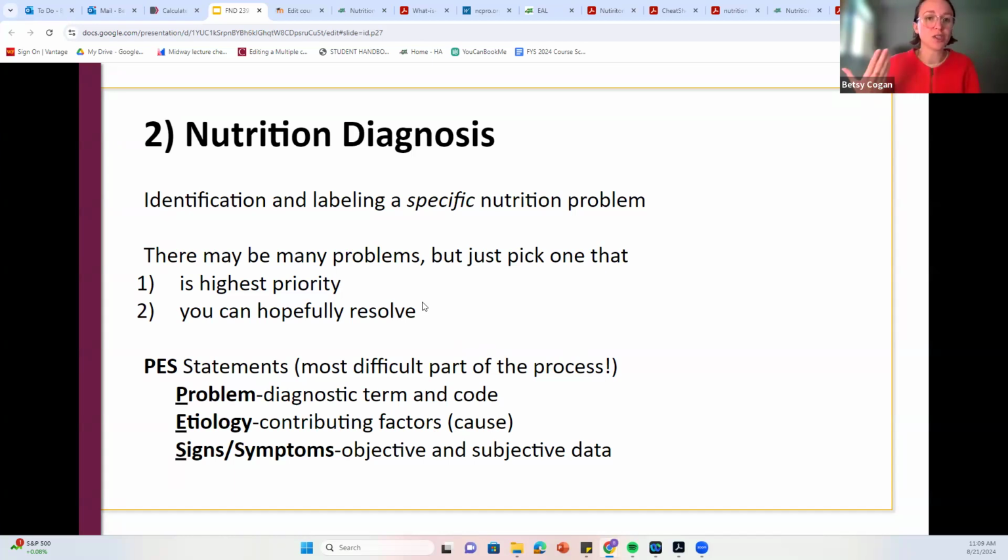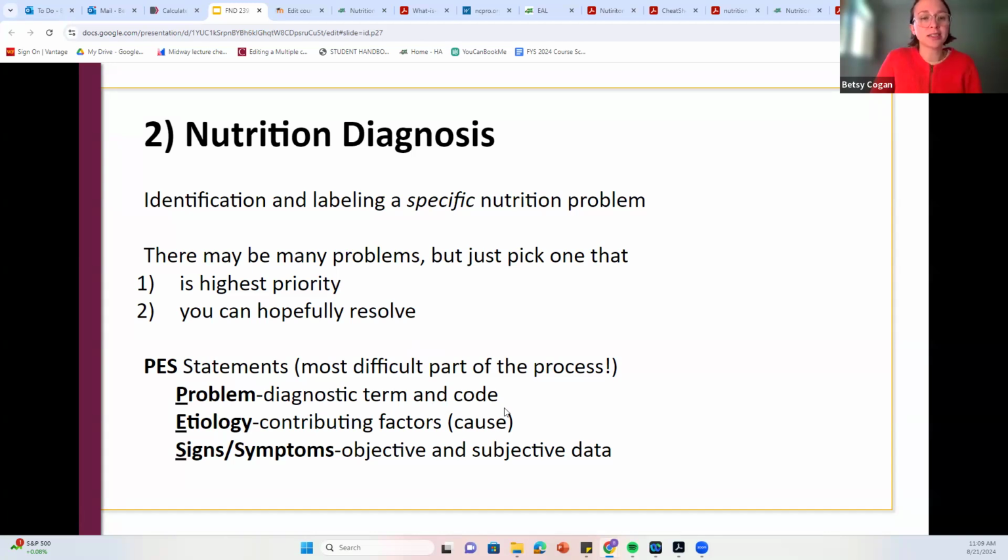And we want to make sure it's a nutrition problem that's nutrition related, that we as dietitians have influence over, right? So when we are doing a nutrition diagnosis, we use what's called a PES statement, where we are identifying a problem using specific diagnostic criteria. We are using something specific from our assessment to think about what is the cause of that problem.